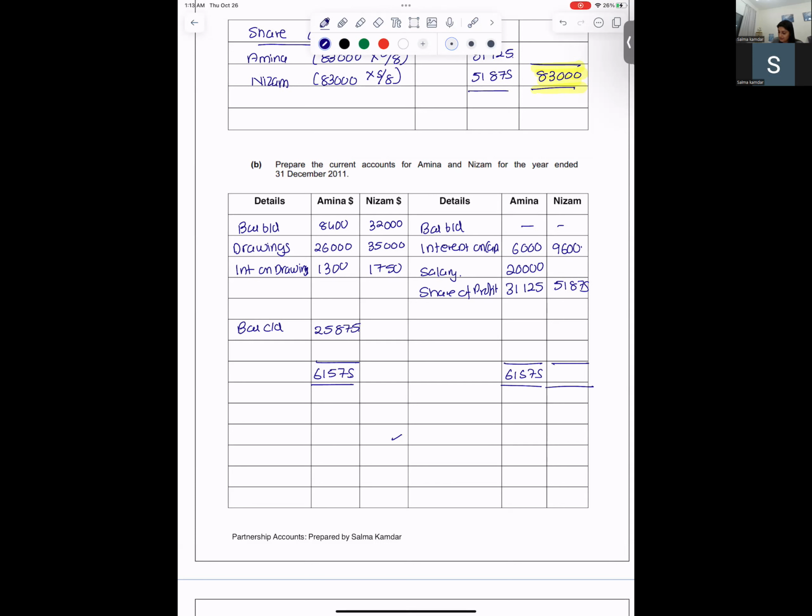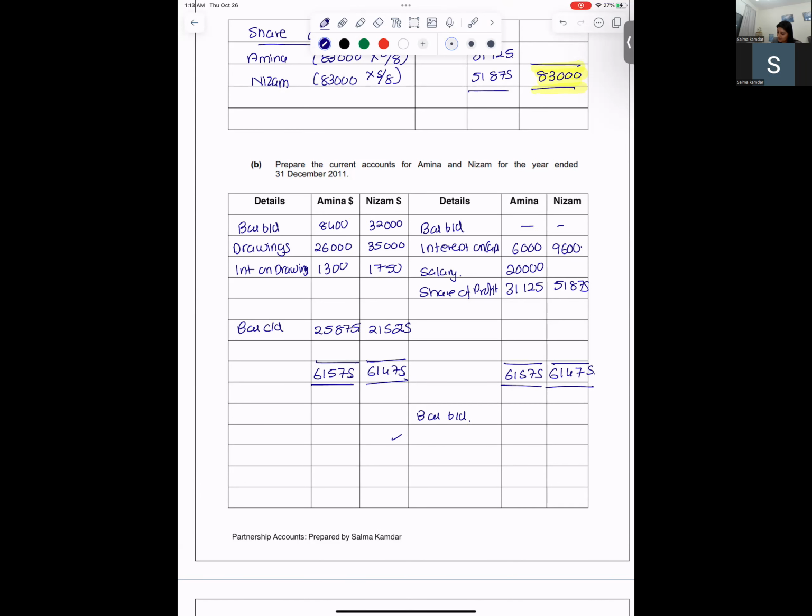Credit total of Nizam is 61,475. I will write it on both the sides. From this, when I deduct 3,200, 35,000 and 1,750, I will get the closing balance as 21,525.